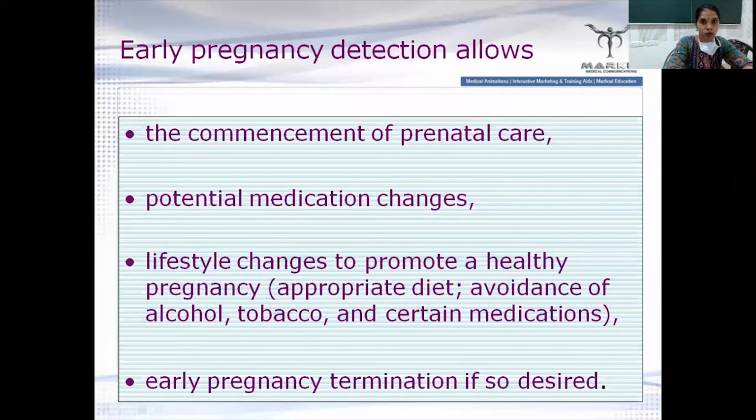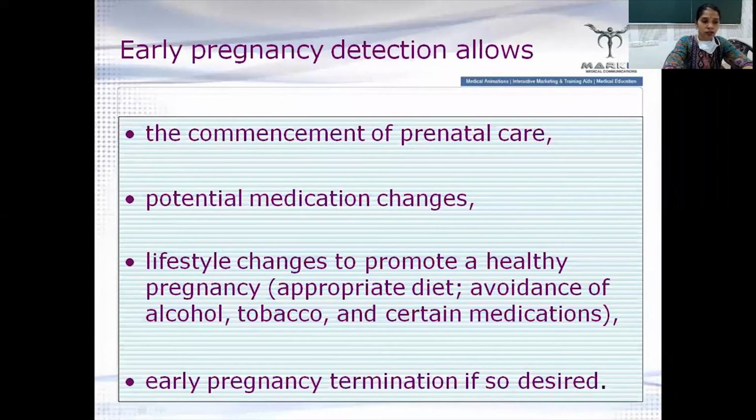She might have comorbidities like hypertension, diabetes, thyroid disorders and epilepsy before pregnancy. Some medications have an effect on the fetus, so we can change some medications and reduce the dose. Sometimes we need to increase the dose. So for that, we need early pregnancy diagnosis.